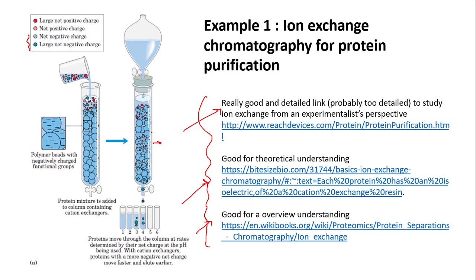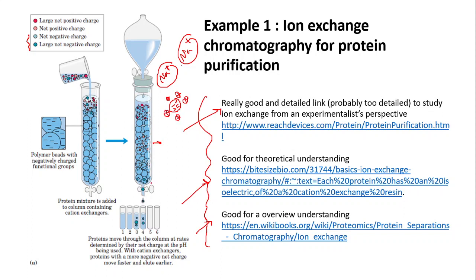So how do you elute them then? You flush the column with positively charged ions, such as Na plus, imidazole, or some other ions, which, if you supply them in large quantity, will bind the beads. The beads are negative, so they will bind the beads and let the protein go.